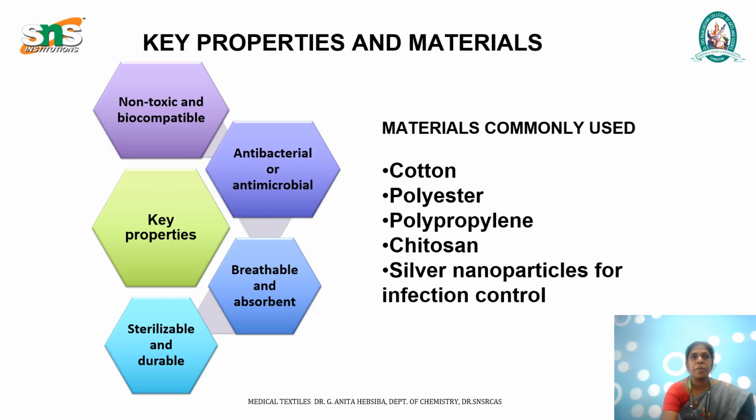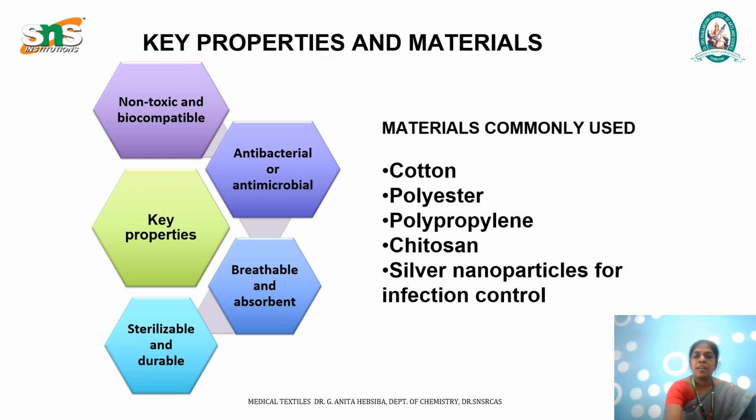Antibacterial and antimicrobial, which will help in fast healing rather than fast spreading, and then breathable and absorbent. They should be comfortable. The medical textile should give more comfort to the patient while using it, and then sterilizable and durable so that they can be used again and again if needed.